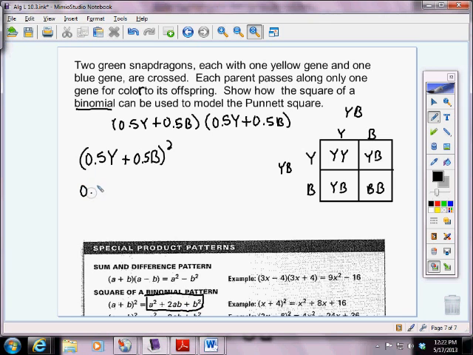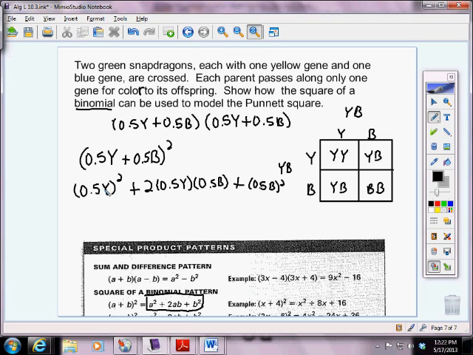So my first term is 0.5 y, so we're going to square that, plus 2 times our first term, 0.5 y, times our last term, 0.5 b, plus our last term squared, 0.5 b squared. And that's just using this pattern right here.